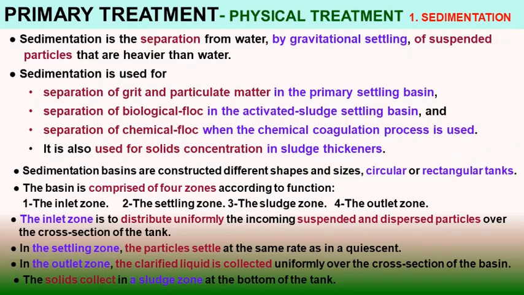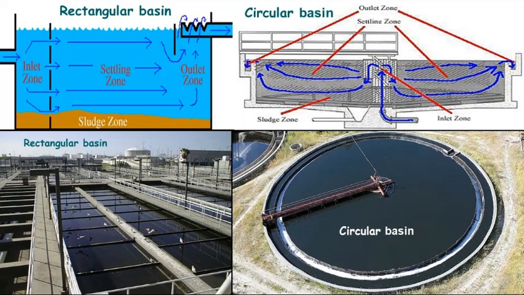Sedimentation basins are constructed according to requirement of size and shape. Circular or rectangular tanks are available for sedimentation. It comprises 4 zones: inlet zone, settling zone, sludge zone and outlet zone. The inlet zone distributes the incoming suspended and dispersed particles uniformly over the cross section of the tank.